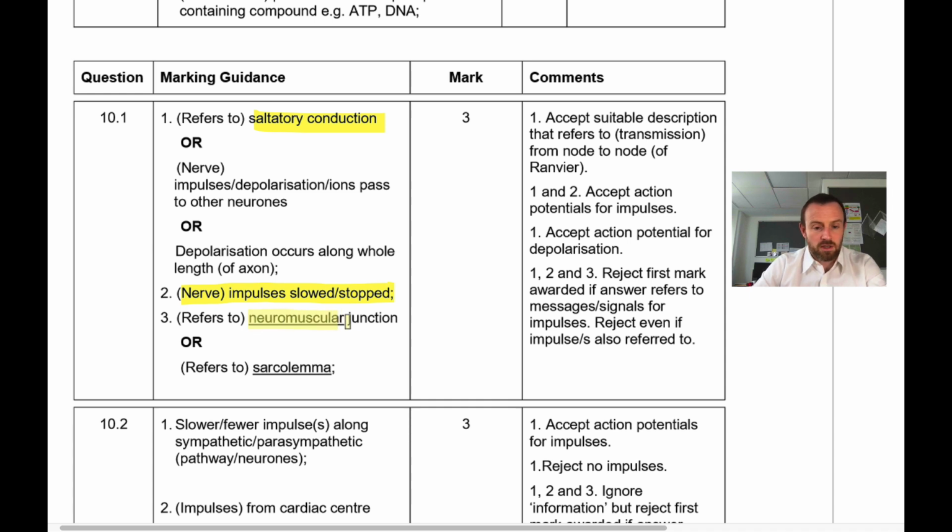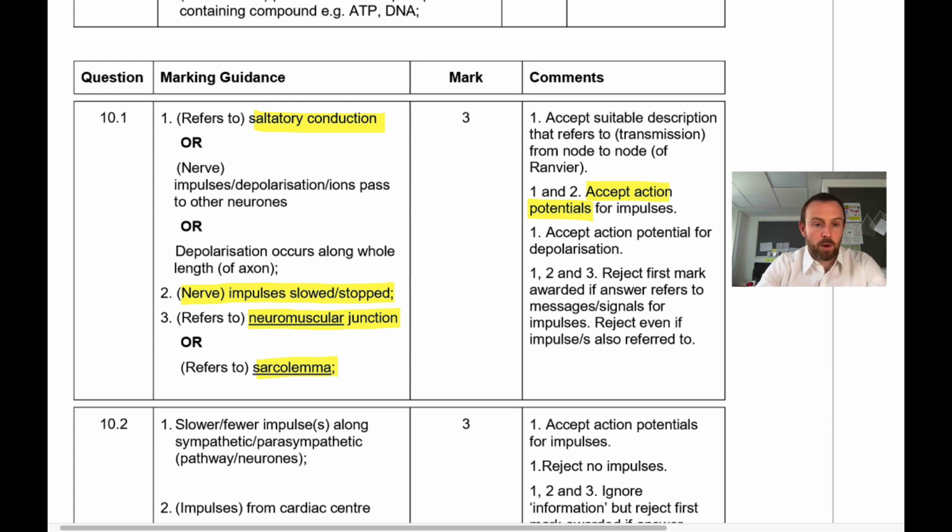You could have said neuromuscular junction or the sarcolemma. The sarcolemma is the membrane around the muscle cell, which is depolarized when we do that chemical signal, acetylcholine, across the neuromuscular junction. You could have said action potential as opposed to impulse. You could have said electrical impulse.